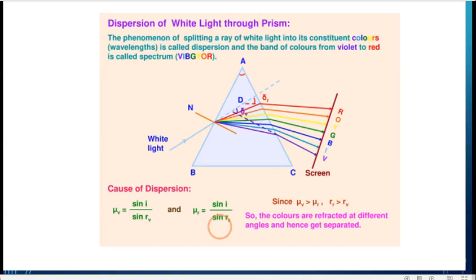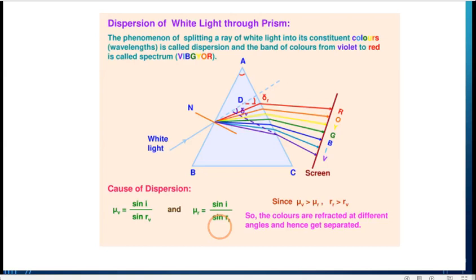Refractive index of light is different for different colors. As a result, for an incident ray, the angles of refraction are different for each color and they separate as they travel along different directions. Generally, we consider this phenomenon as angular dispersion.